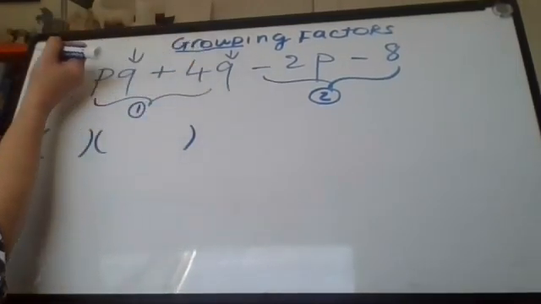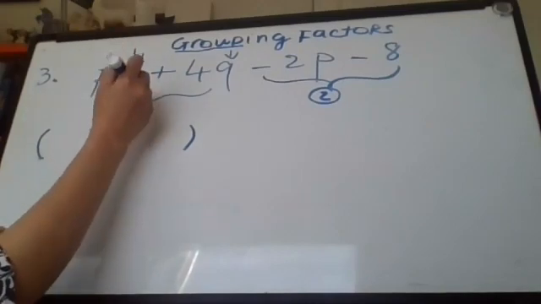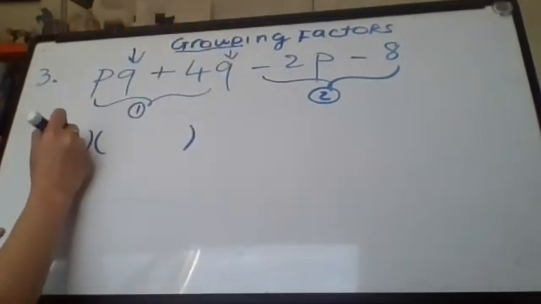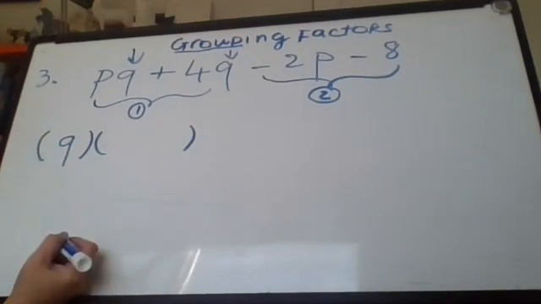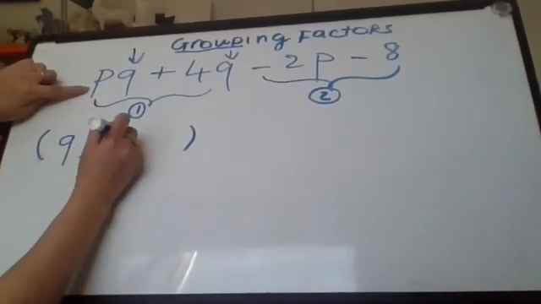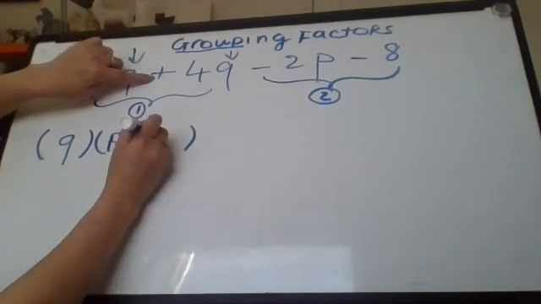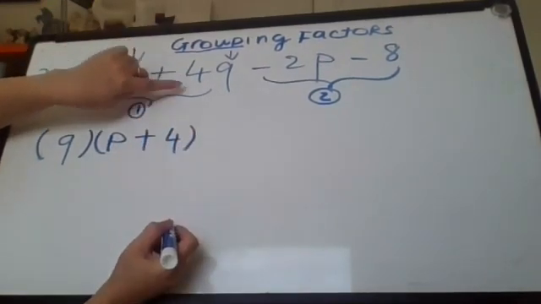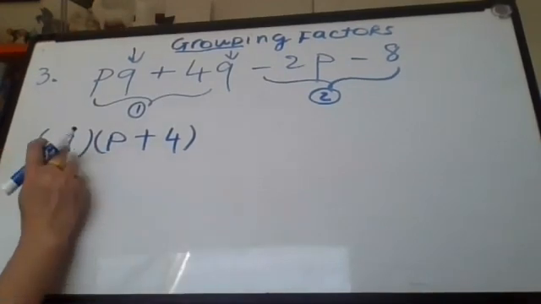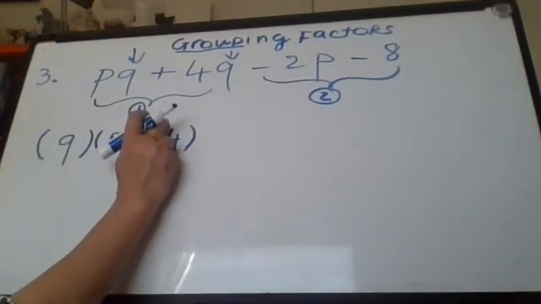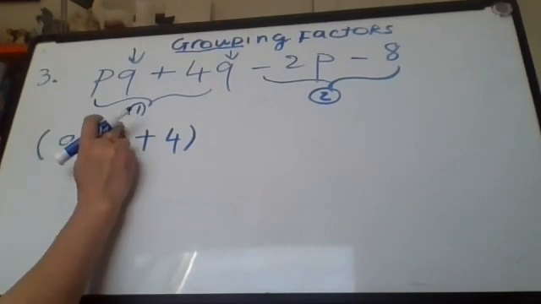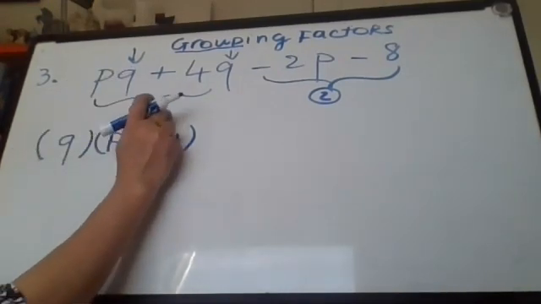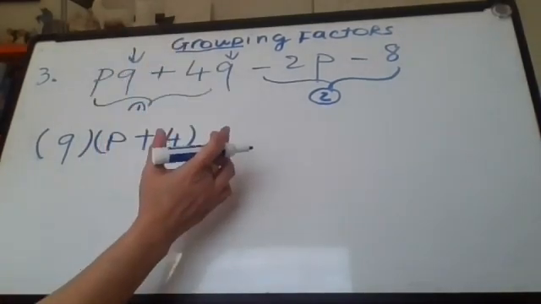And we pull out the common factor in here. The common factor is the letter q. So we pull out letter q, put in here, okay? What's left over, the p goes in here, plus sign goes in here, number 4 goes in here. And then we're done. We know that when we multiply, p times q is pq, 4 times q is 4q, we're okay.